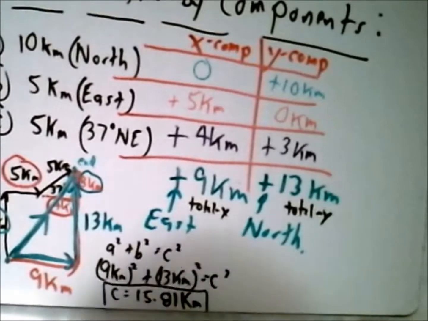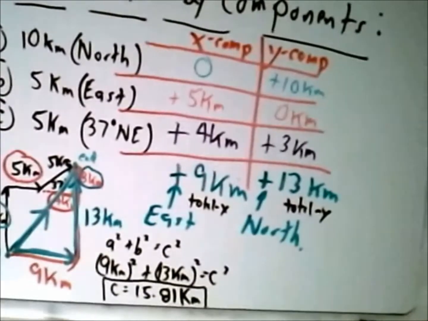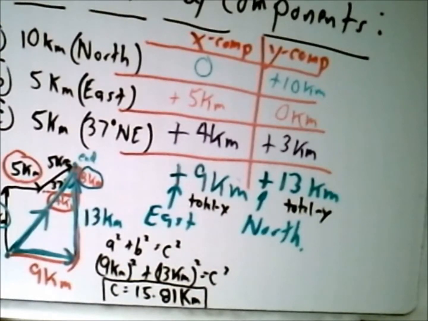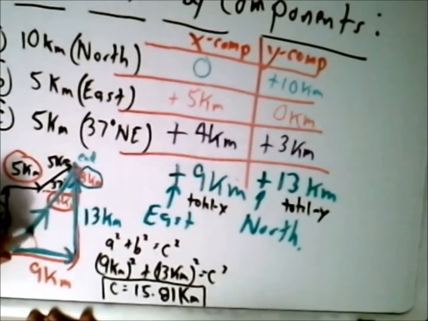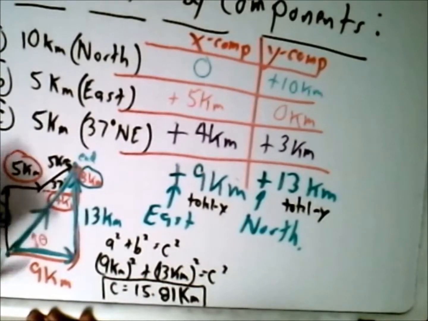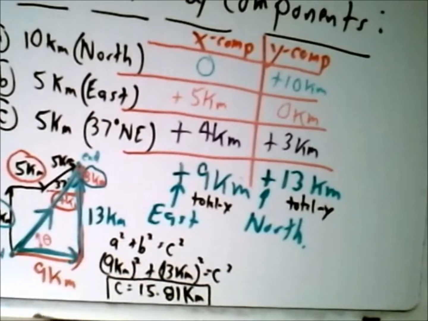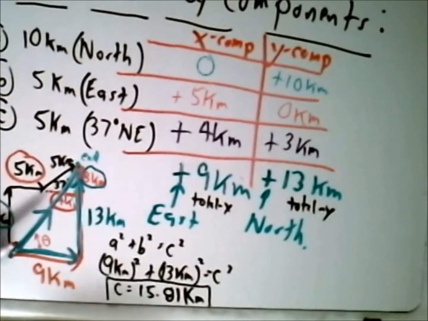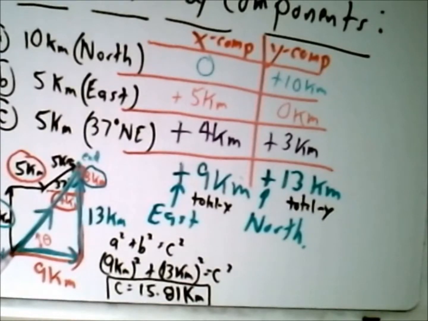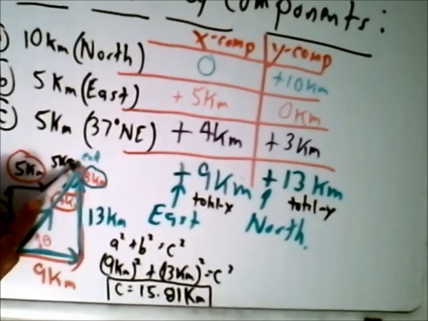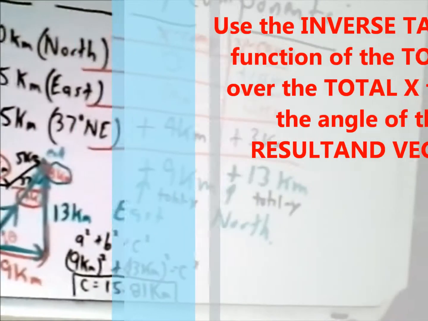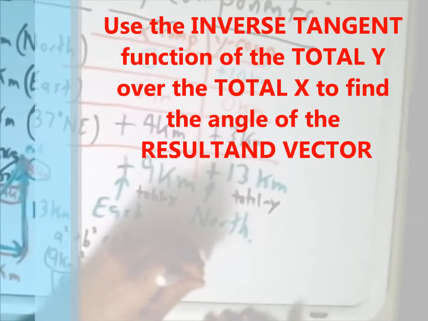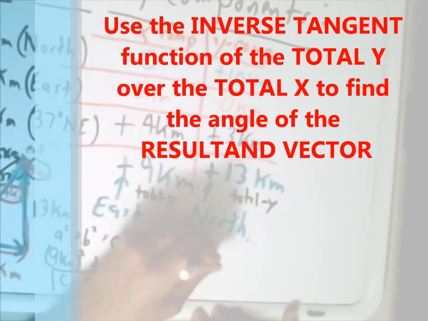And what about the angle? When we talk about the angle, I'll find the angle right in here. So what is the angle that a person could hike in this one direction and end up at the same ending point that the other people did? Well, what I would do is I would say the inverse tangent function is going to give me the angle.